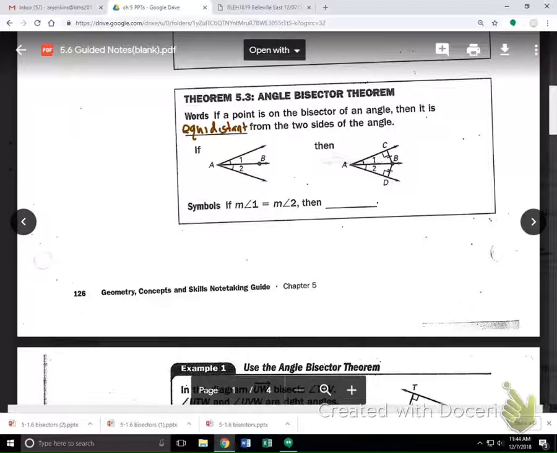So if the point is on the bisector of an angle, then it is equidistant from the 2 sides of the angle. And you see this is we write CB is congruent to BD, because if it is on the bisector, it is the same distance from the sides of the angle.